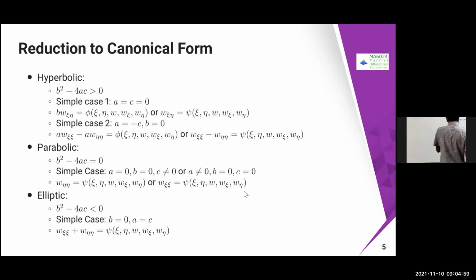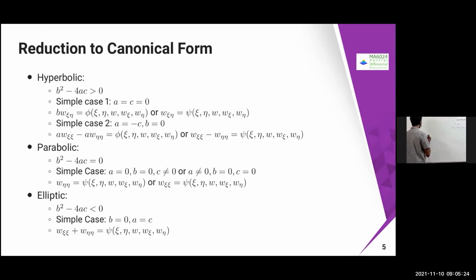Suppose b square minus 4ac is greater than 0. A simple case: a equal to 0, c equal to 0. Then this becomes very simply b w_chieta equal to psi.